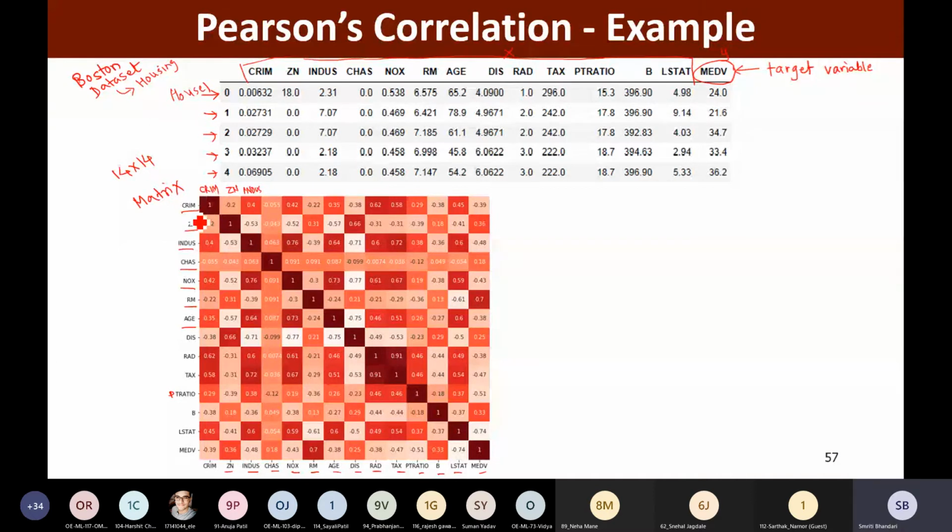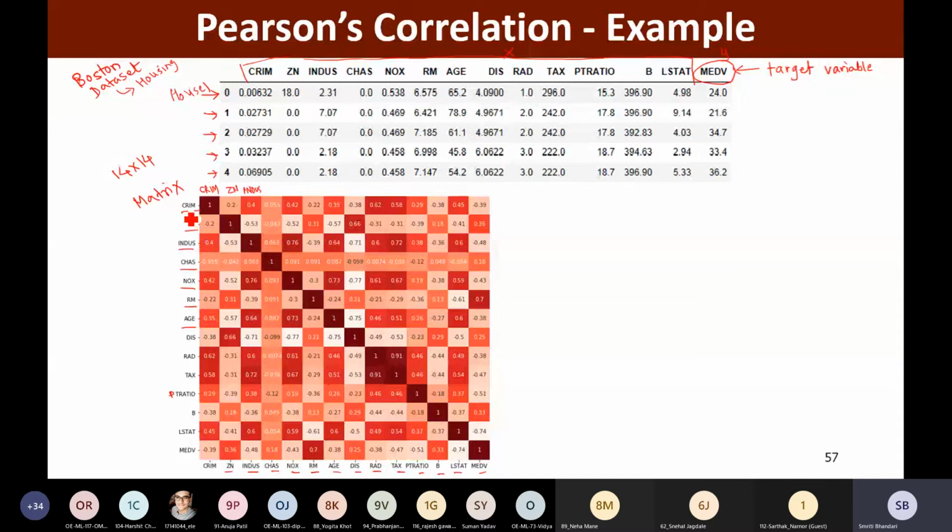So we have this correlation coefficient between these self variables, CRIM, ZN, Indus. All those diagonal components are ones, because we are finding the correlation of each variable with itself. So obviously this diagonal has the value 1, highly correlated, right?